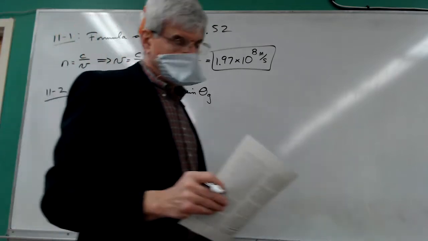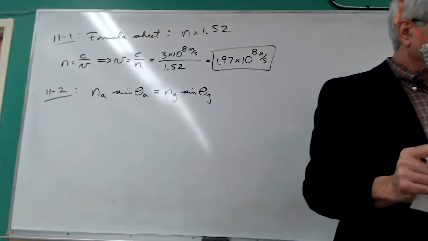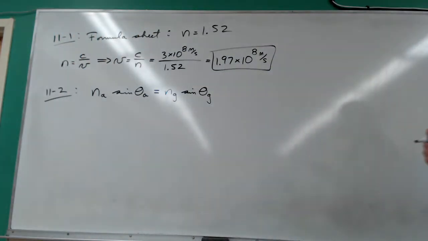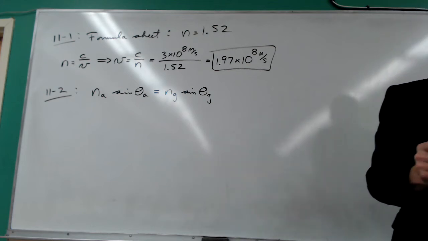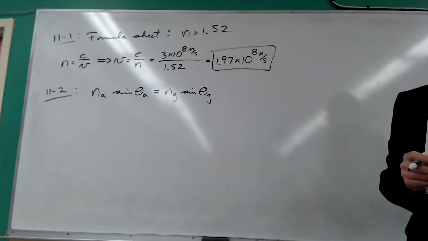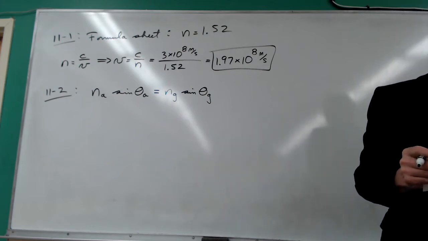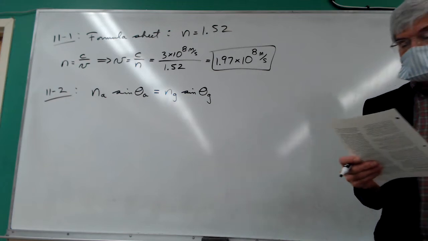Yeah, you can label subscripts any way you want. Instead of 1s and 2s, I thought I'd go with A for air and G for glass, and it makes it a little harder to mix up which is which that way.